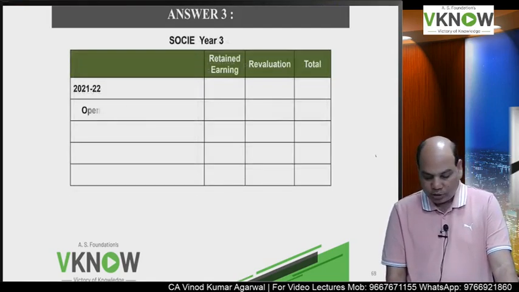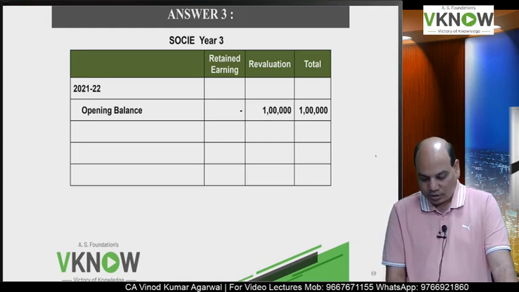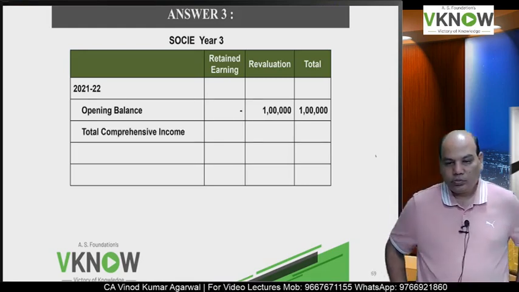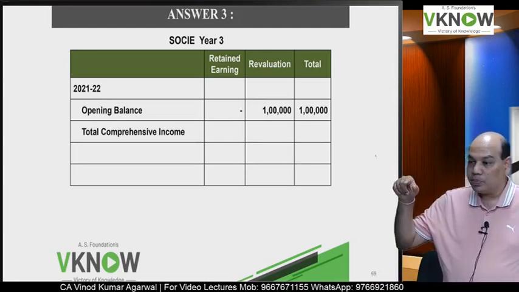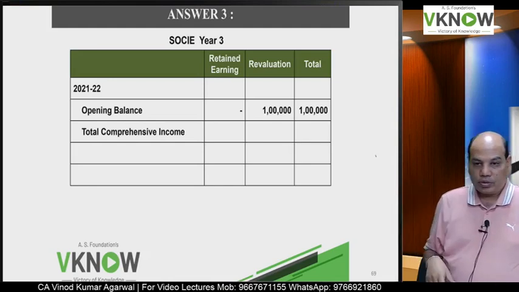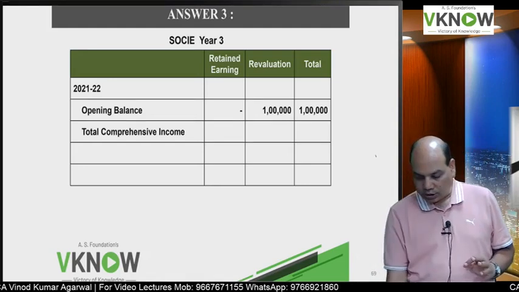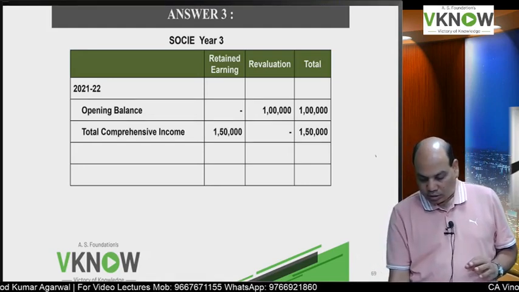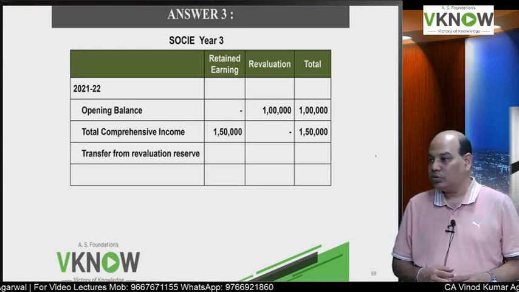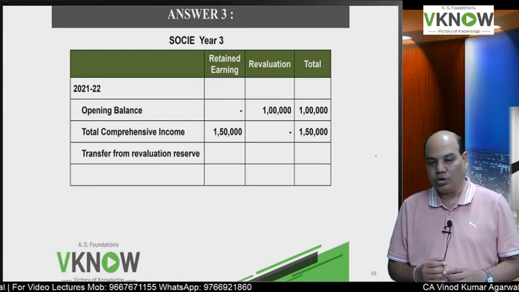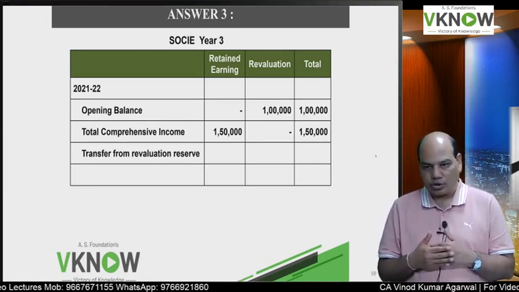Okay. Below that I have written 21-22. Opening balance 1 lakh. Now understand, total comprehensive income in retained profit: go to your P&L account, third year. In the P&L account third year, how much was your profit on sale? So that will come here. And one more line item I will add: transfer from revaluation reserve. Because now the asset is sold, I will not keep the balance in revaluation reserve.